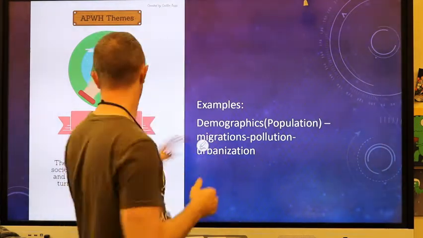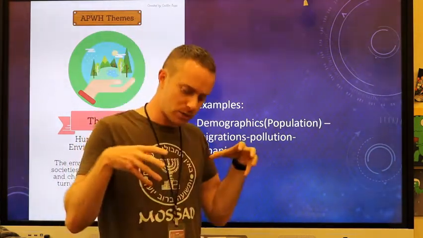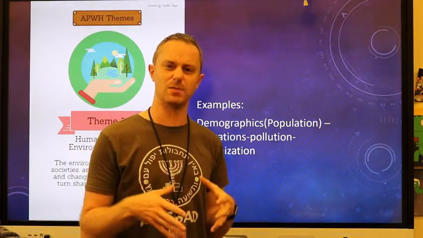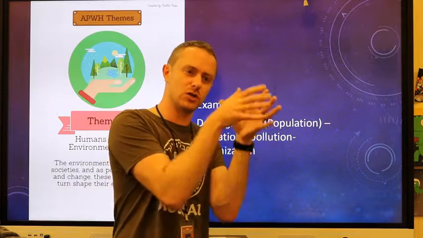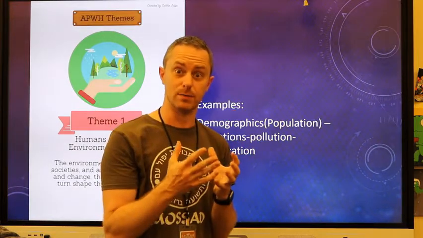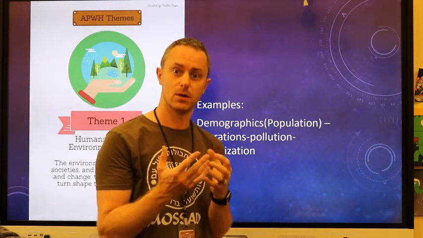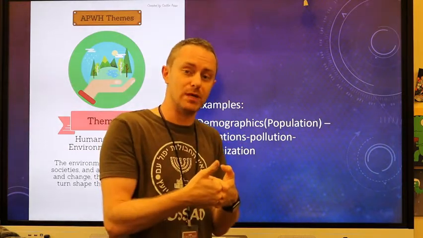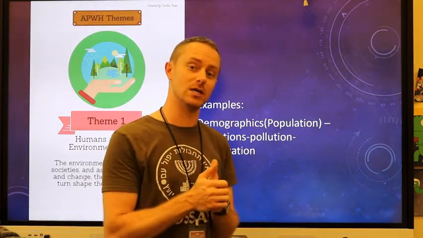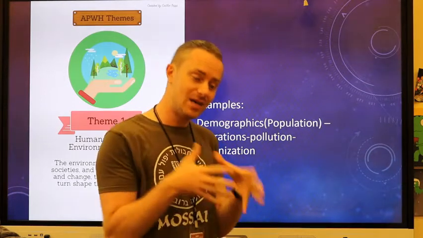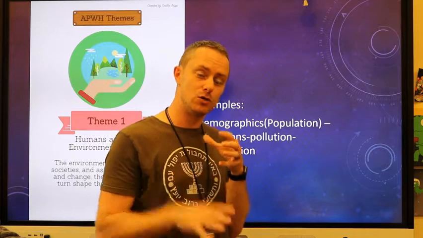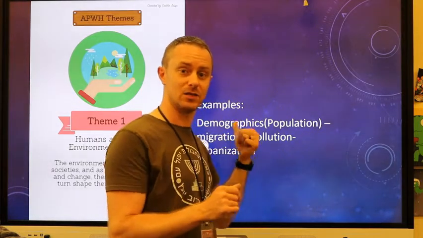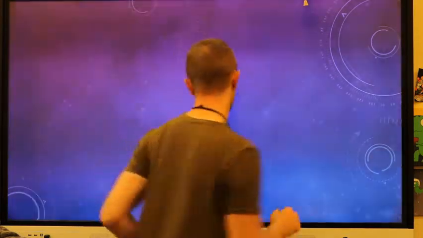In addition, whenever humans are doing things to the environment, like building a canal or perhaps overfishing a certain area, the environment is affected. We're going to see this especially as we get into industrialization. As we interact with the environment, we change it. We make use of it for our benefit. That is what this theme is all about.